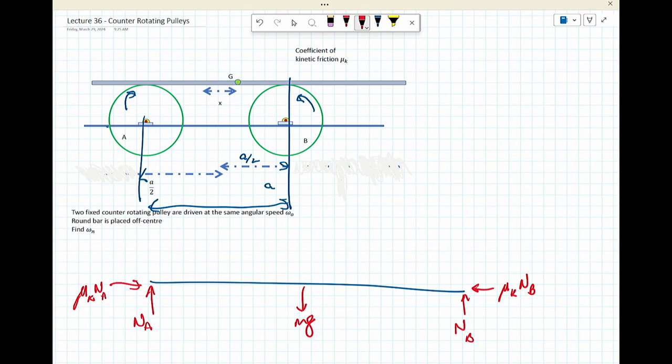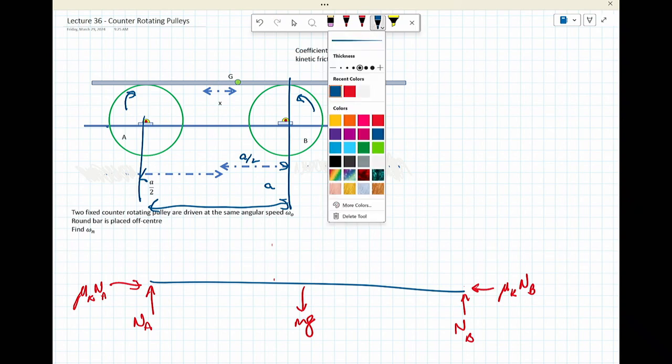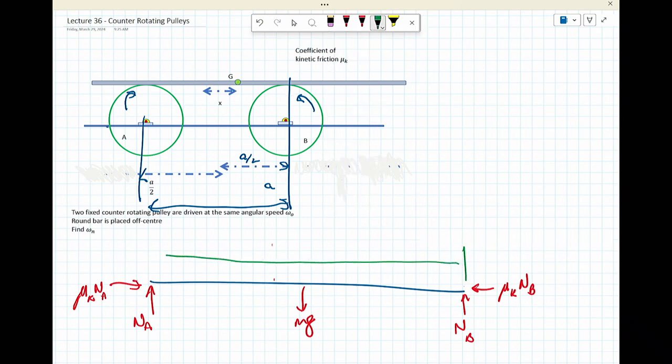So those are all sort of the standard things. The distance to the center of mass, and the distance to the other location is A, and the distance A over 2 plus x, A over 2 minus x.